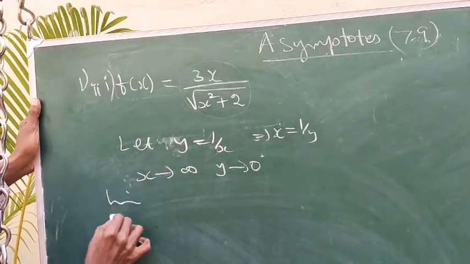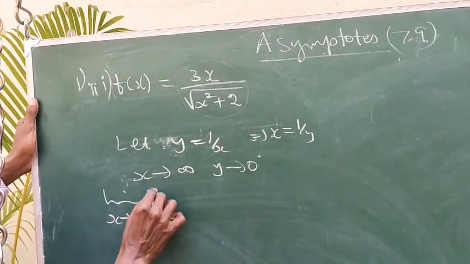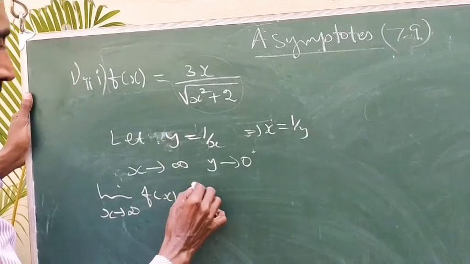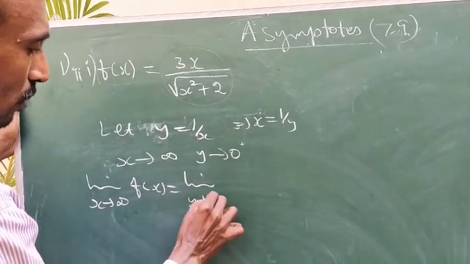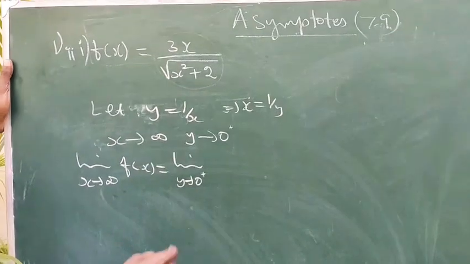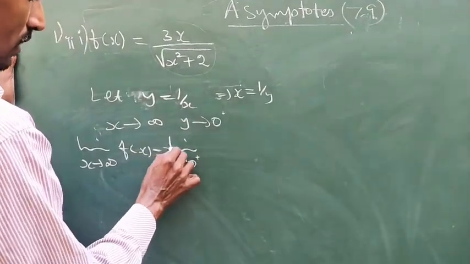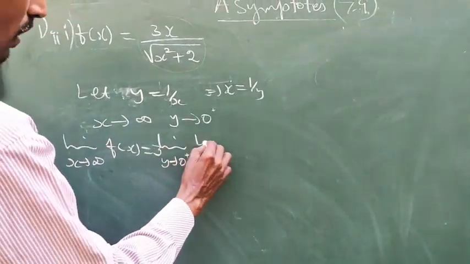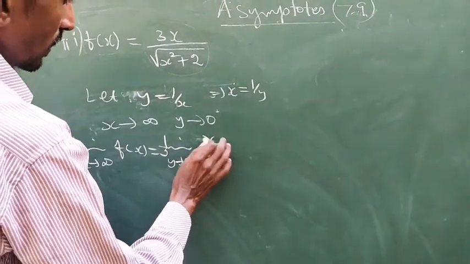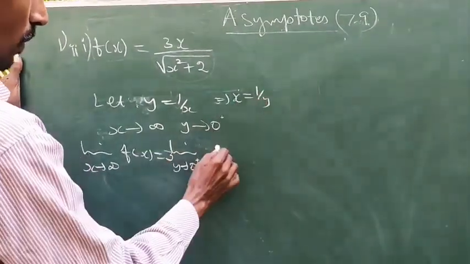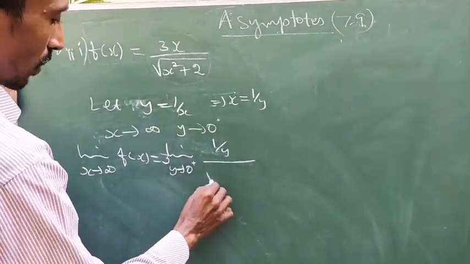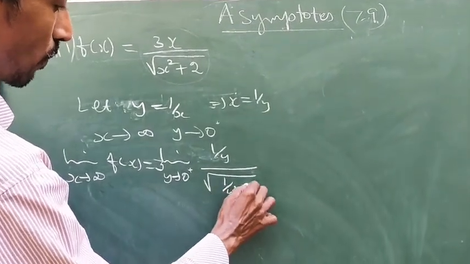So limit x tends to infinity, f of x equal to limit y tends to 0 plus. So look at here. 3 is a constant, we can keep it outside. 3 into x is 1 by y, by root of 1 by y square plus 2.